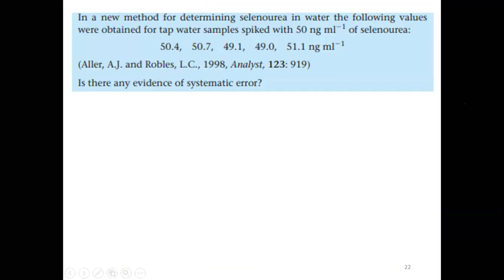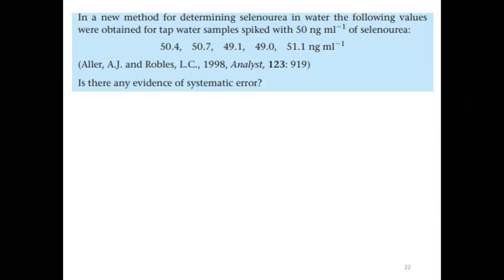In a new method for determining selenourea in water, the following values were obtained for tap water samples spiked with 50 nanograms per milliliter of selenourea. So a new method has been developed to identify the concentration of selenourea, and the actual value that has been spiked was 50 nanograms per milliliter.